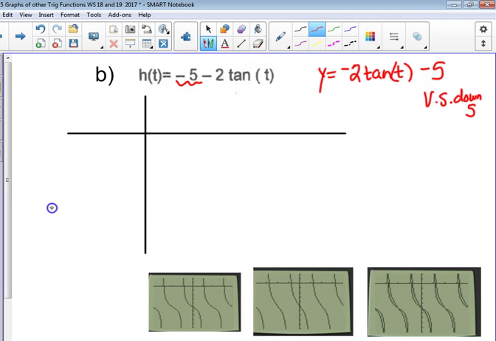So our midline is down here at y equals -5. All those spots that used to cross the origin are shifted down 5, or across the x-axis, sorry. What else? It is negative again. For some reason, it's going this way again, right?